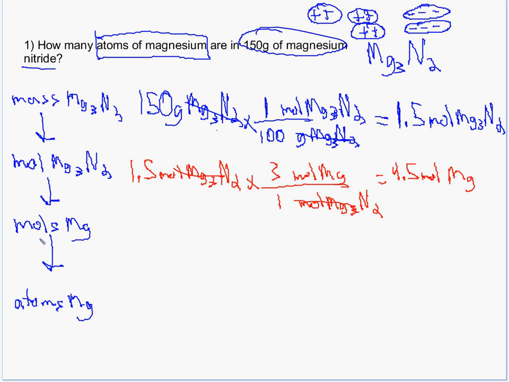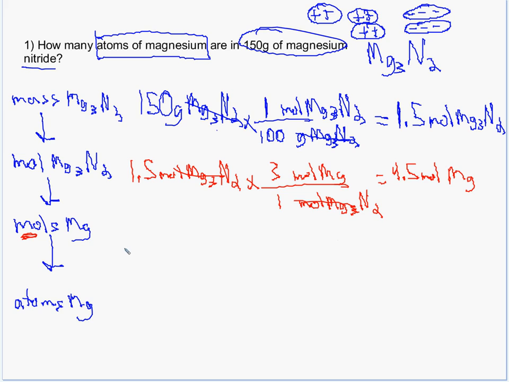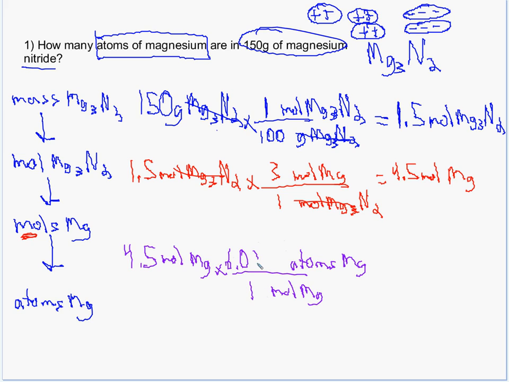So now I'm ready to go to atoms of Mg. I'm going to start with my 4.5 moles of Mg times another conversion factor. I put moles Mg on the bottom, and I want atoms Mg on top. I know that for every 1 mole of Mg, there are 6.02 times 10 to the 23rd atoms.